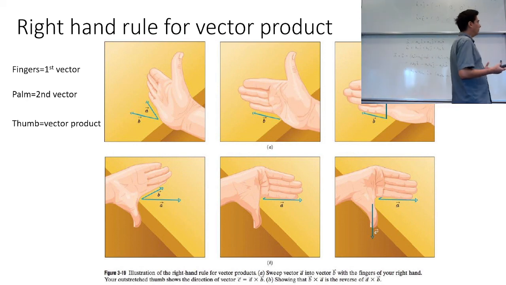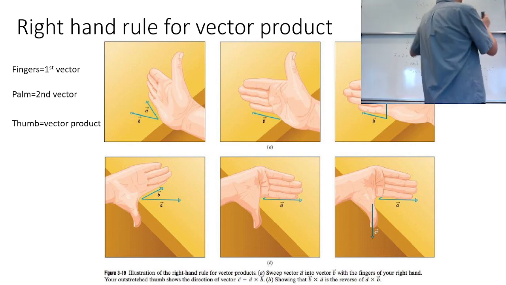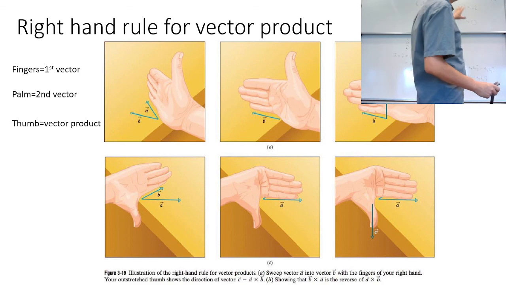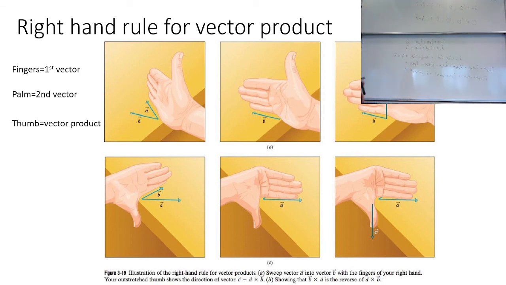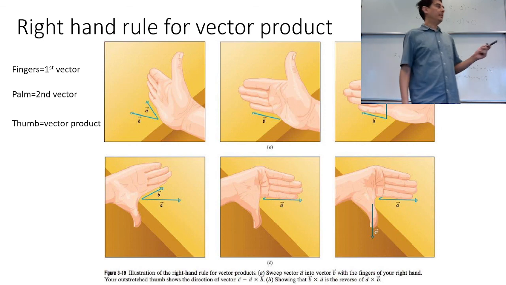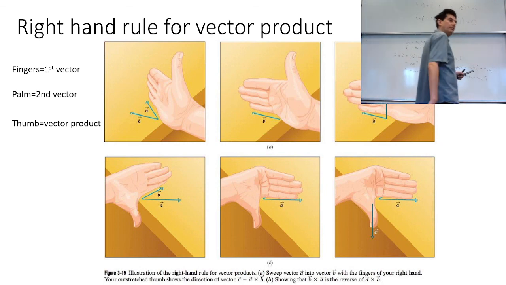In general, if you want to work out what the vector product is, you have to get down and calculate it according to one of the methods that I just described. But you can roughly work out what direction the vector should be by using this so-called right-hand rule. This thing appears in lots of different physics contexts.